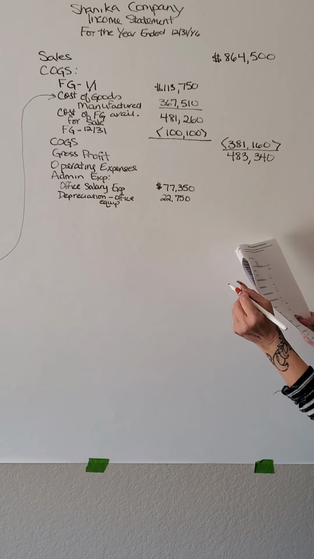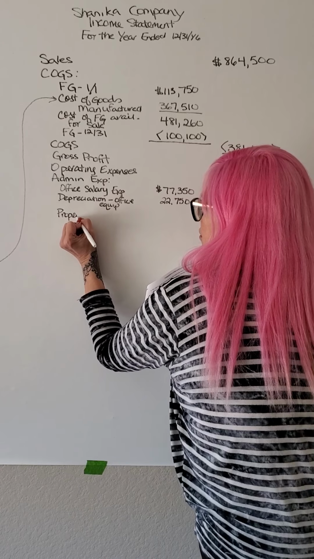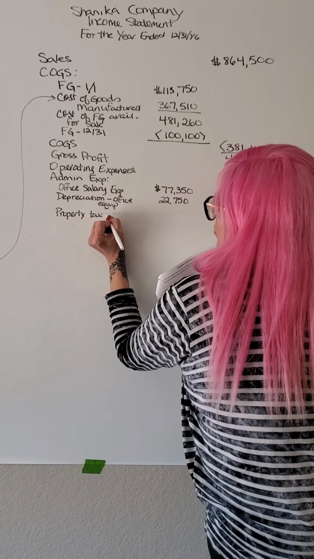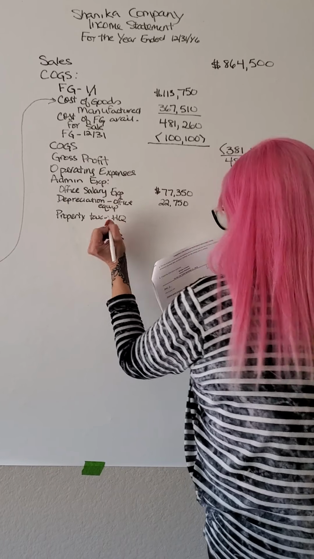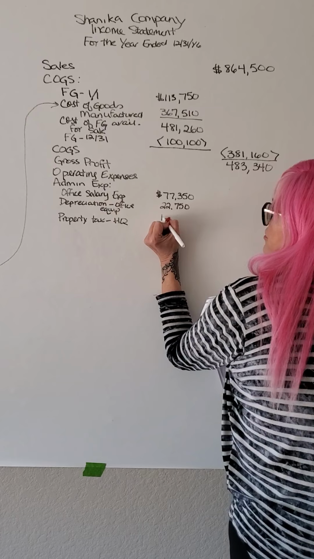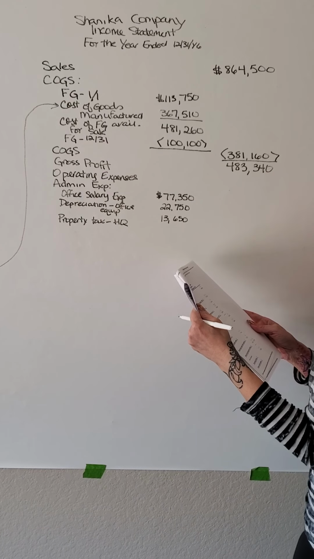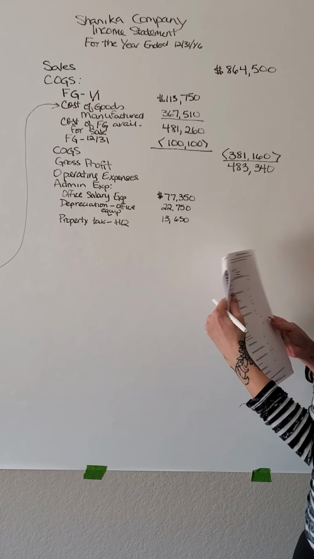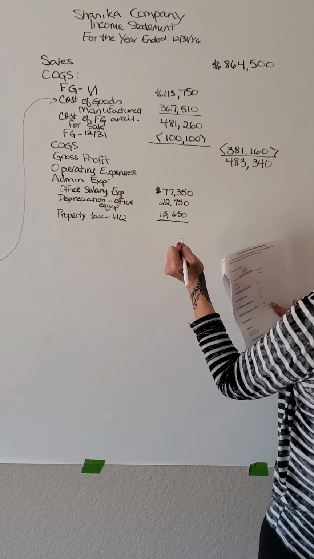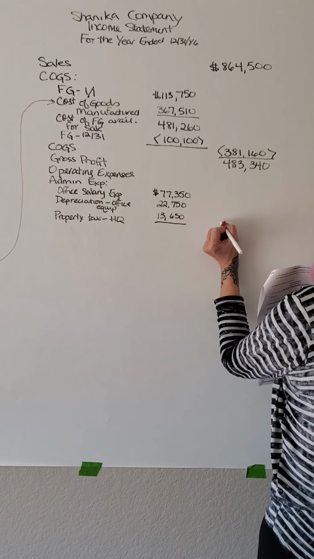And then the last administrative is property tax on the admin building. Property tax HQ, I'm gonna put it like that, of $13,650. And so that's going to give me total admin expenses of $113,750.